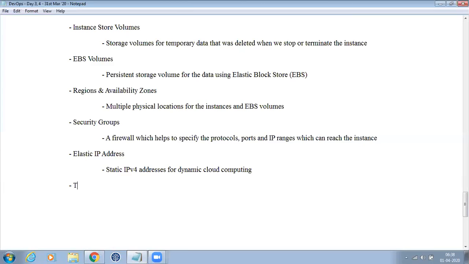So we have tags. What is a tag? It is metadata which you can create and assign to EC2 resources.